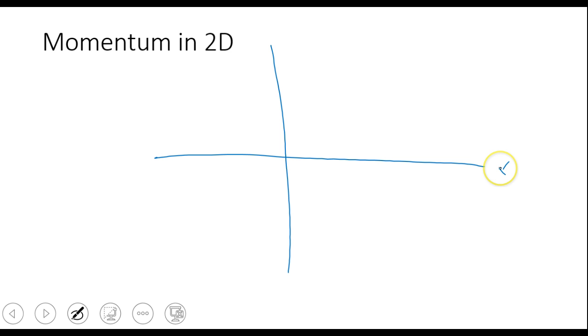To talk about this, I'm going to pretend that I've set up a coordinate plane with an x and a y-axis. Let's say within this coordinate plane, I have a building, and some mischievous person who is going to throw water balloons off of this building at people passing by on the street.